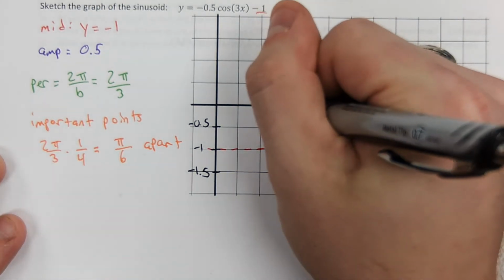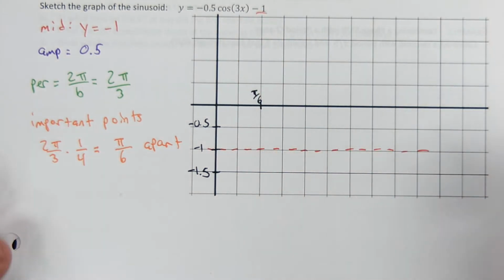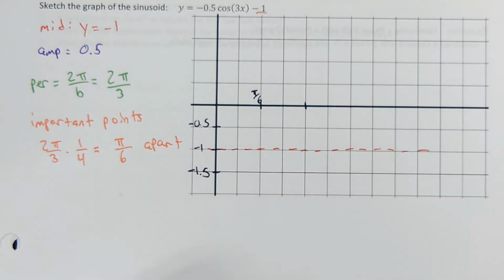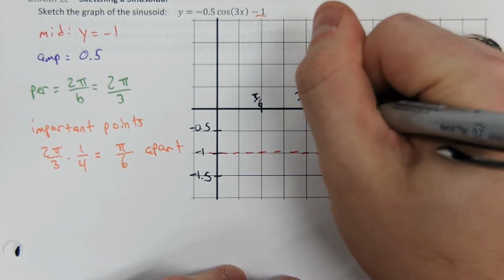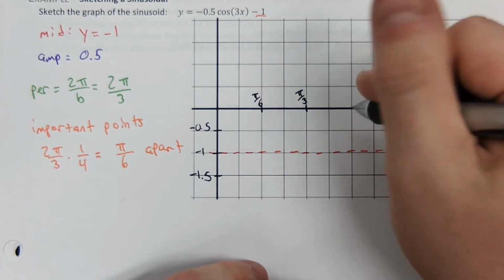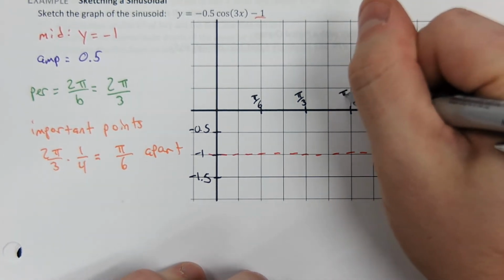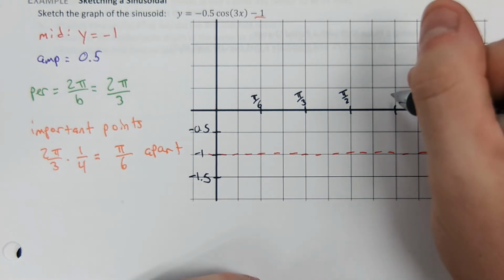So I'm going to say here's 1 pi over 6. Here's 2 pi over 6, which, by the way, is pi over 3. Here's 3 pi over 6, which, by the way, is pi over 2. 4 pi over 6, which is 2 pi over 3. That's the end.